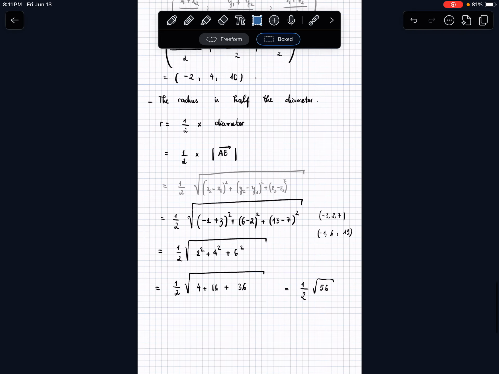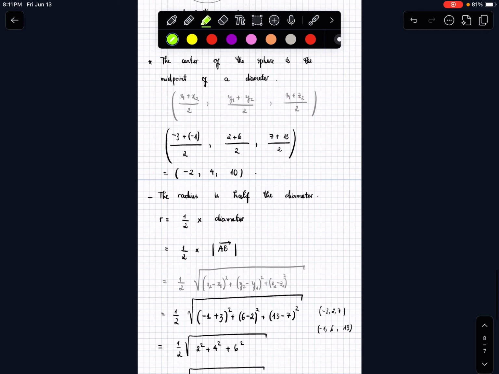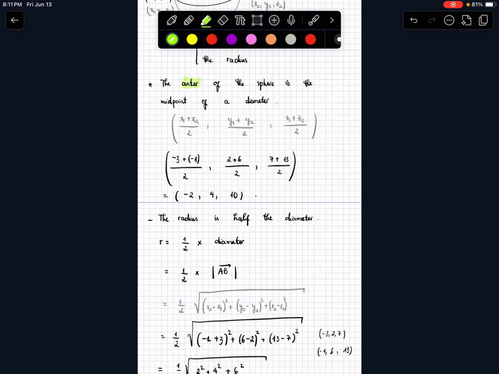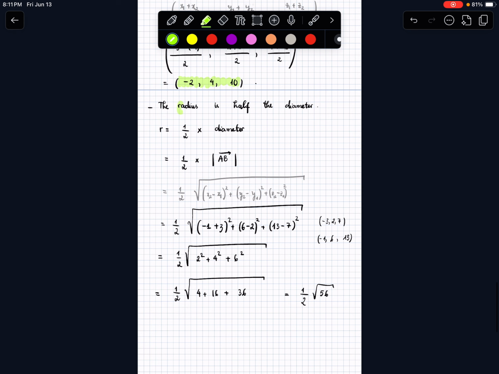Okay, we have the center of the sphere, which is this one. We have the radius of the sphere, which is this one.